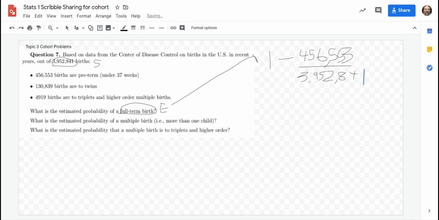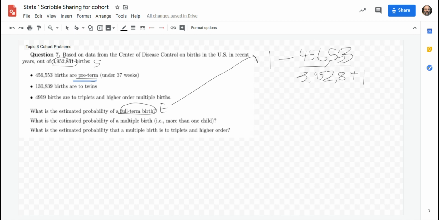You might think for a moment, why 1 minus? Because the number 450,000 and something is the event of preterm. Full term is everything else. So we take 1 minus the probability of the preterm, and we get the full term births, because the birth is either preterm or full term.